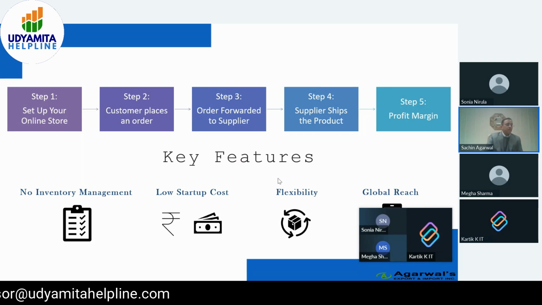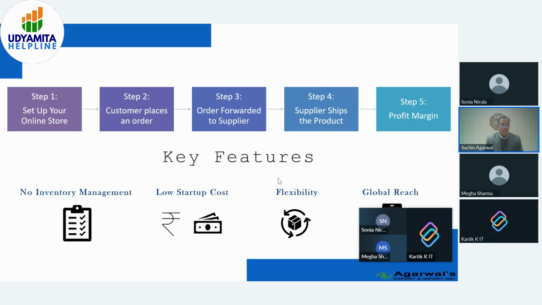Now, let me tell you that before you tend to sell your products, you can always think about drop shipping. Drop shipping is a retail business model where the store owners, or you, are the people who are going to sell the products to the customers.